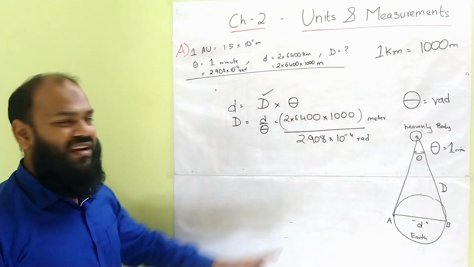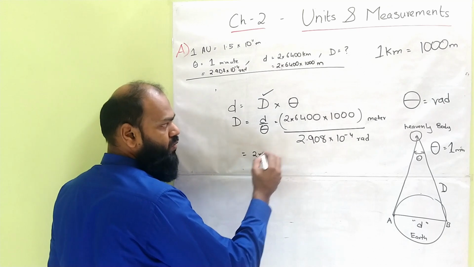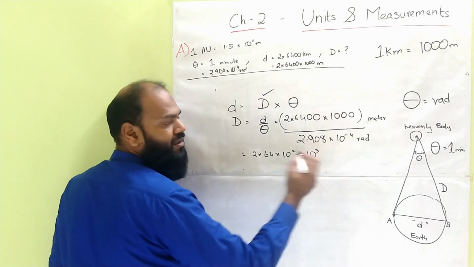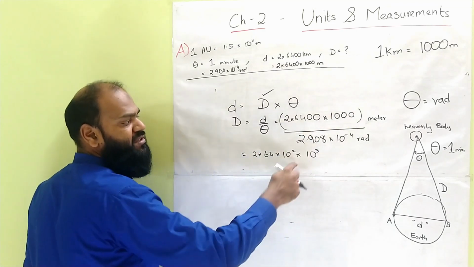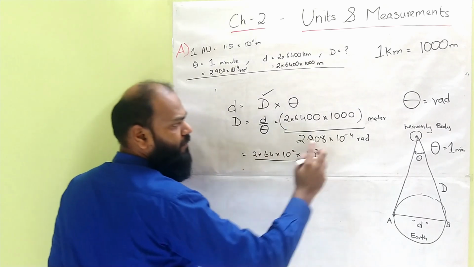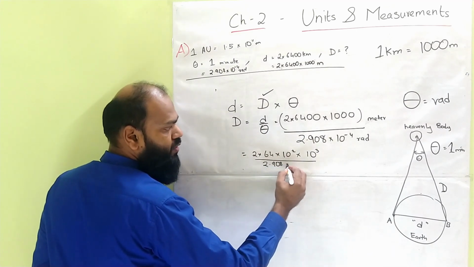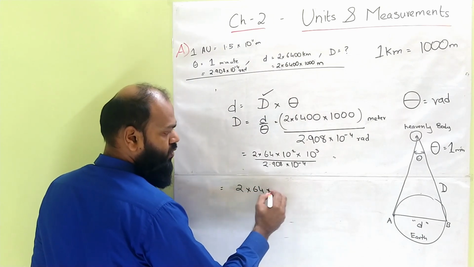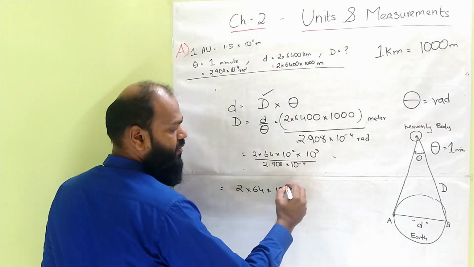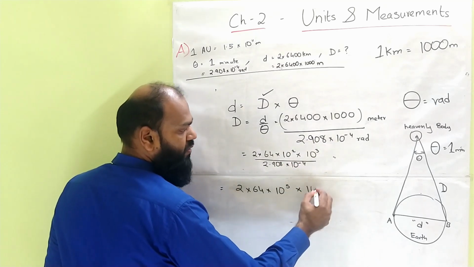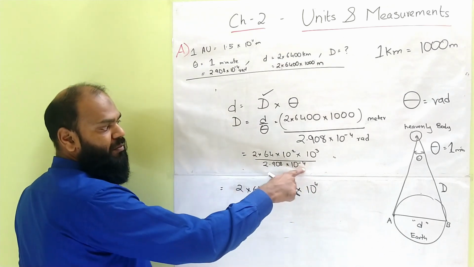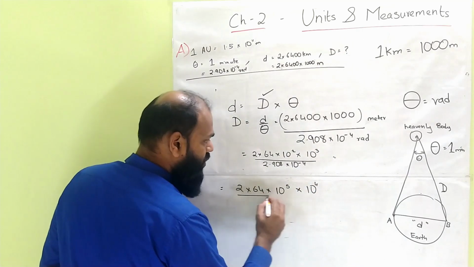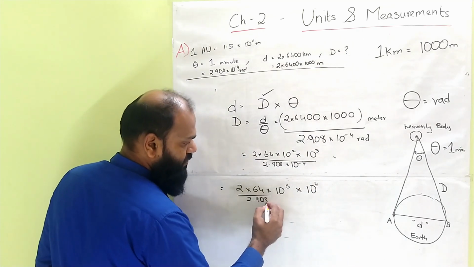Let me simplify it so that we can go to the next step. 2 into 64 into 10^2, 10^3 means 3 zeros, 100 means 2 zeros, the whole divided by 2.908 × 10^-4. That gives 2 × 64 × 10^(2+3), which is 10^5, times 10^4, since the 10^-4 in the denominator becomes positive when it moves to the numerator. Then the whole thing is divided by 2.908.